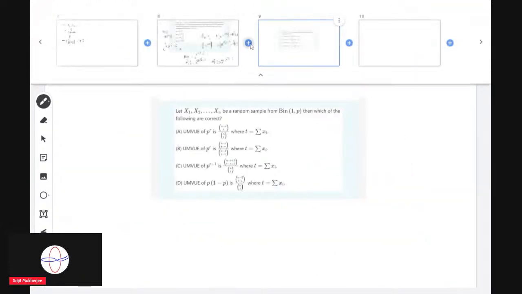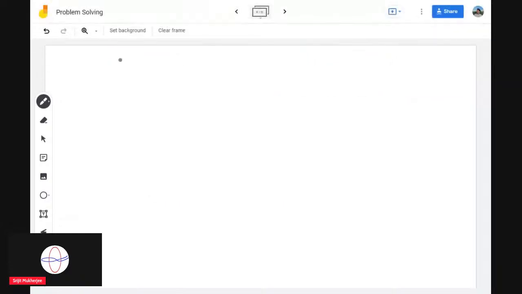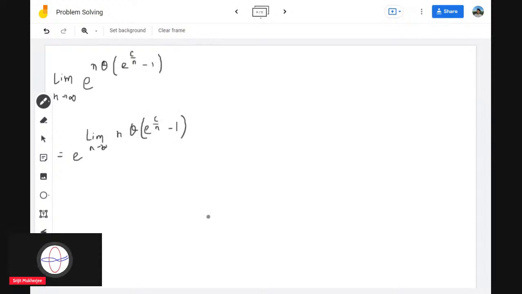It's a limit problem now. e to the power n theta (e to the power c by n minus 1), limit n tends to infinity. How will you find this? Same as e to the power limit n tends to infinity of n theta (e to the power c by n minus 1). Tell me, what is this? How will you find this?